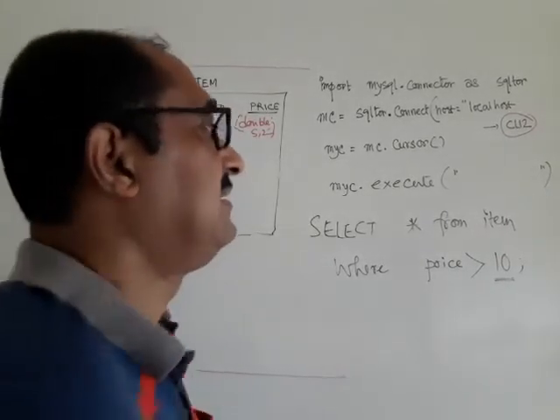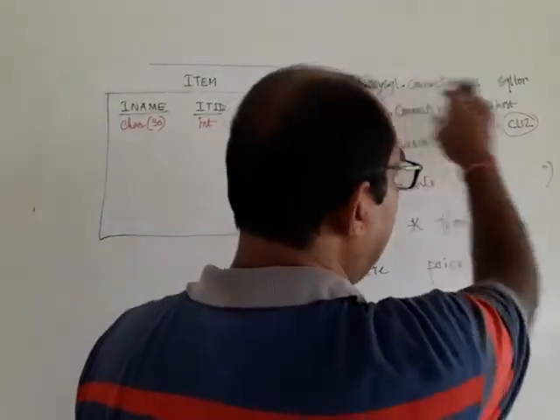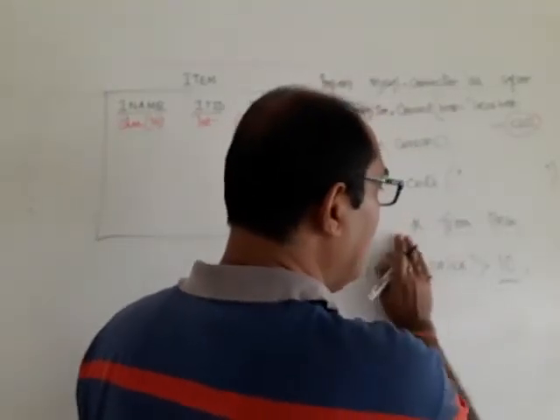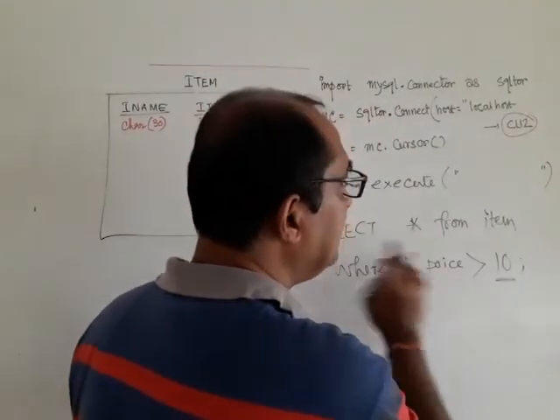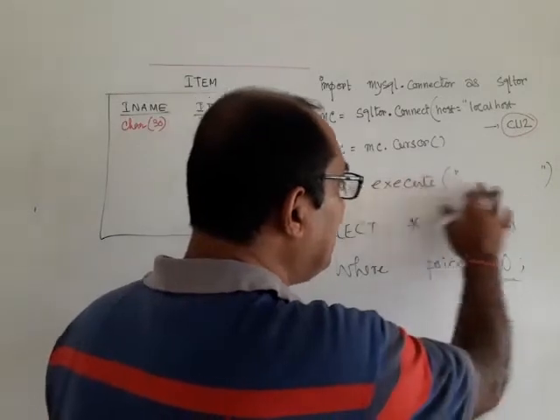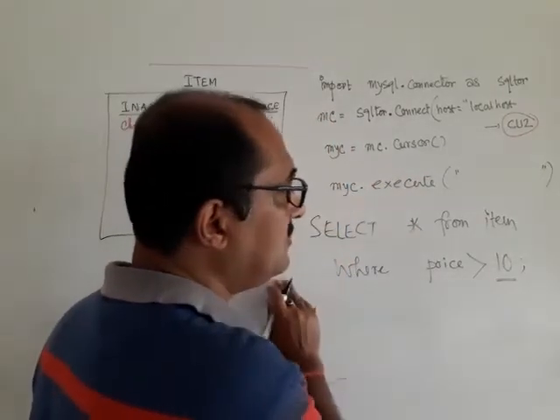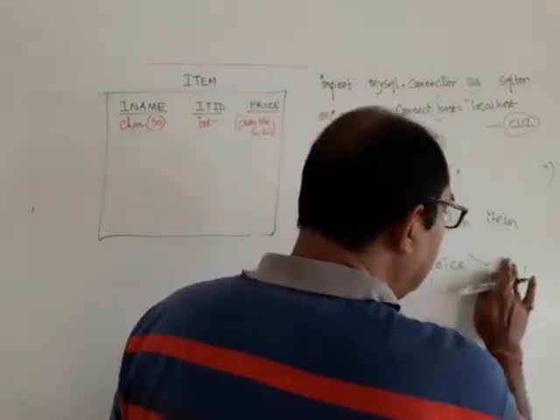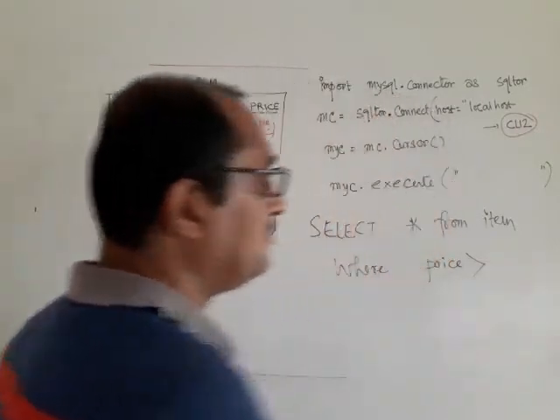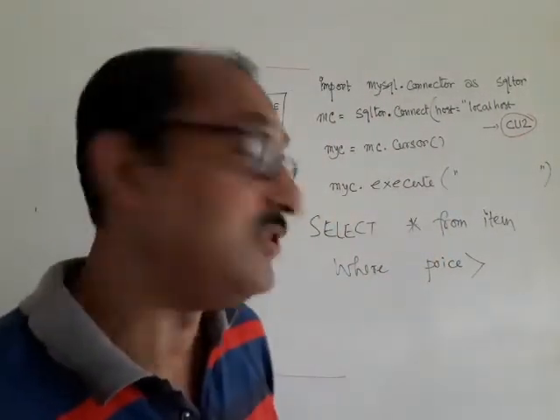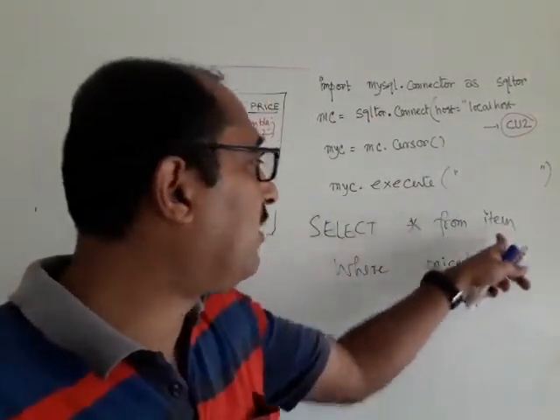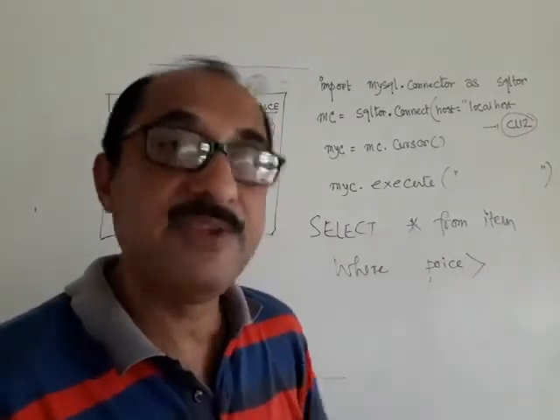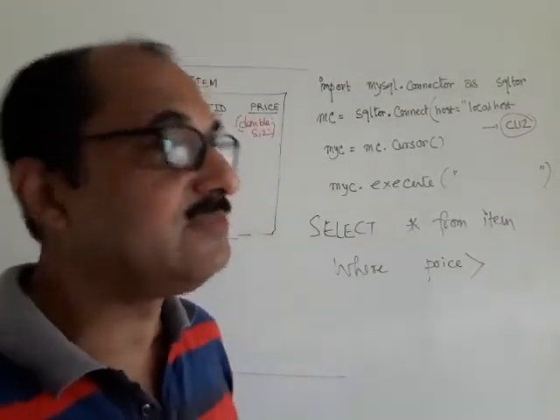So the person who is running this Python program should have the option of choosing various things in the query. Now in this particular query, what is there to choose? This value the person who is running the program can choose, depending on his wish. He might like to display all the items where the price is more than 50 rupees, more than 10 rupees, more than 100 rupees.